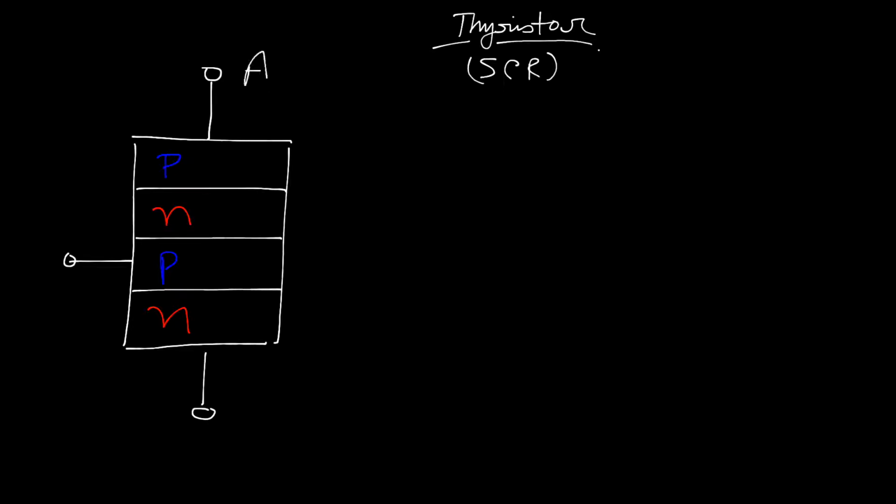This is anode, this is cathode, and this is gate. It's a very important terminal, the gate terminal, through which we can control the output voltage by applying the appropriate gate pulse through some gating circuits. And it has 3 junctions also. We can name them J1, J2, and J3.